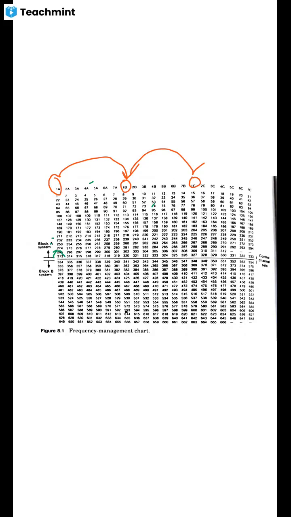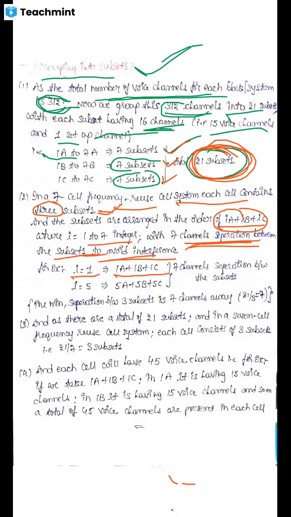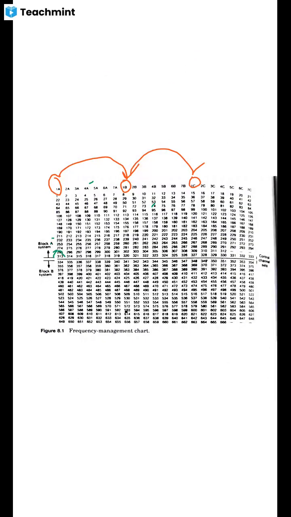Again, for example, I had taken I equal to 5. For I equal to 5, the arrangement is 5A plus 5B plus 5C. Again come here: the gap between 5A and 5B is 7 cells, and the gap between 5B and 5C is 7 cells.